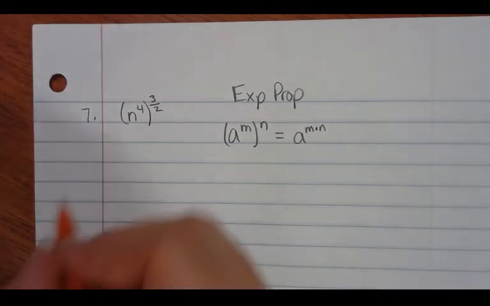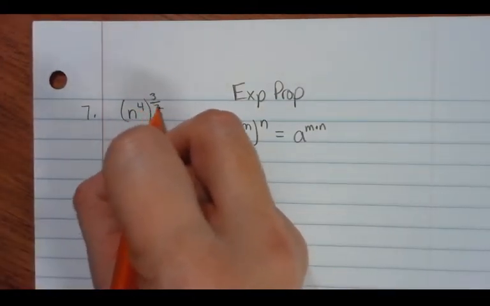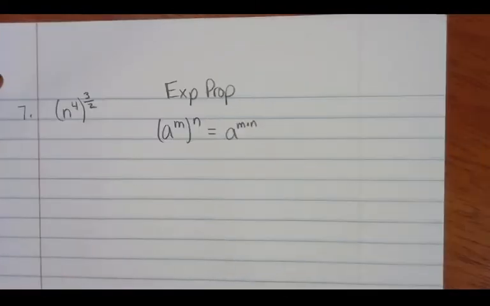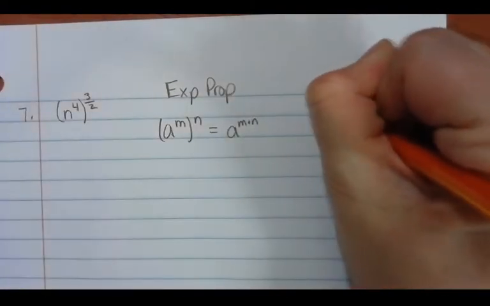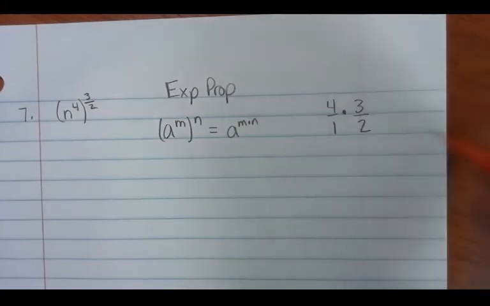So let's do that. So we have n to the 4th raised to the 3/2. You will multiply 4 times 3/2. So you might need to come over to the side to remind yourself how to multiply fractions. So you can put that 4 over 1, and you could multiply straight across. So 4 times 3, 1 times 2, you'll get 12 over 2, which does reduce to just 6.